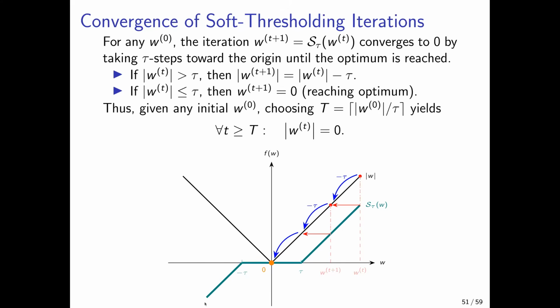So in a way, we are making tau steps closer to 0 until we eventually reach 0, and then we stay there. So this is a systematic way to solve this, and this is a fixed point iteration that converges to the minimizer of the absolute value function.